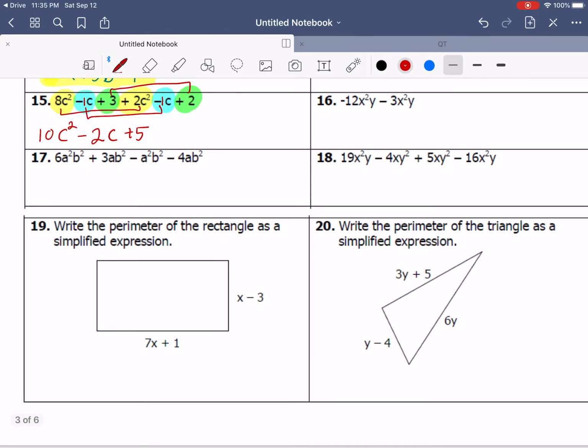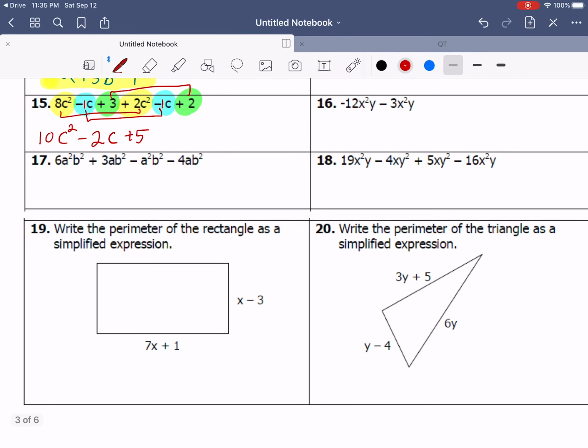That's it. Next, this one looks a bit more complicated. If you make a mistake, I'm not going to blame you, but here, a squared b squared, but you can do it. Minus a squared b squared. These go together. And positive 3ab squared minus 4ab squared.